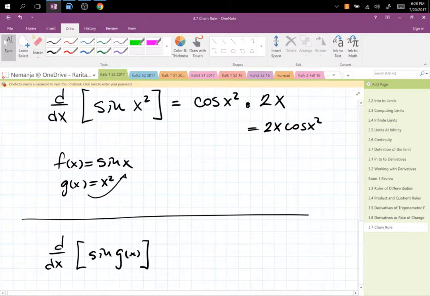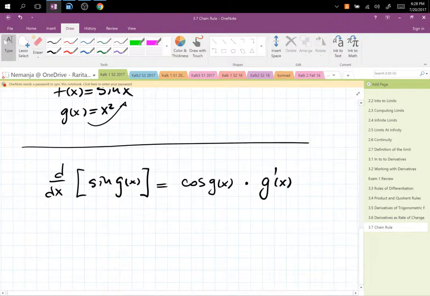I'm going to say in general, because that x squared could be x squared, but it could also be anything else under the sun. Could be logarithm, right? So the idea is that the derivative of sine is cosine of g of x times the derivative of whatever that g of x is.